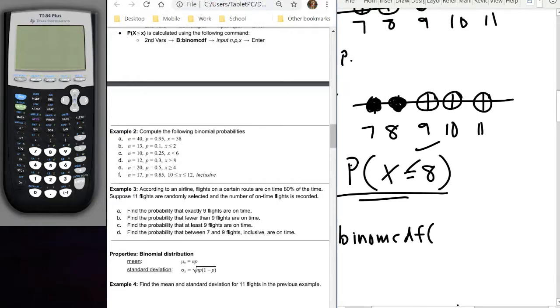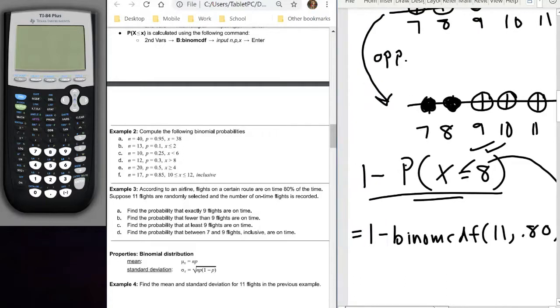Okay, 11 flights. We have 0.80 success, and the correct setup, once again, we can take this 8 and place it here.